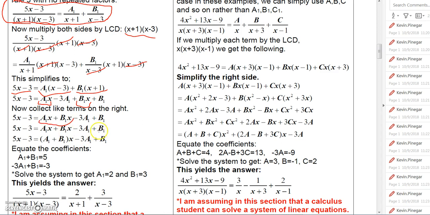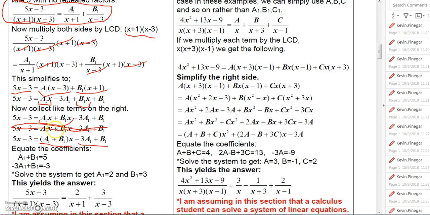Okay, I wrote that down twice. So here I can factor the x out, and I get (a1 + b1) times x, and then here I have -3a1 + b1.